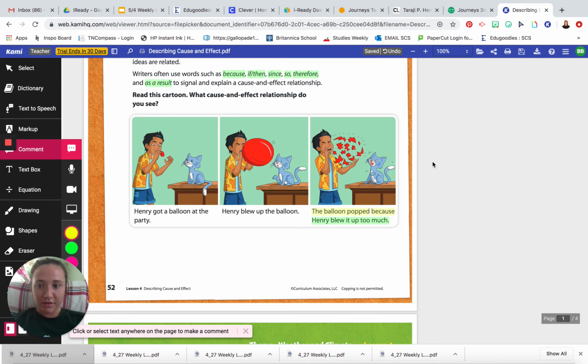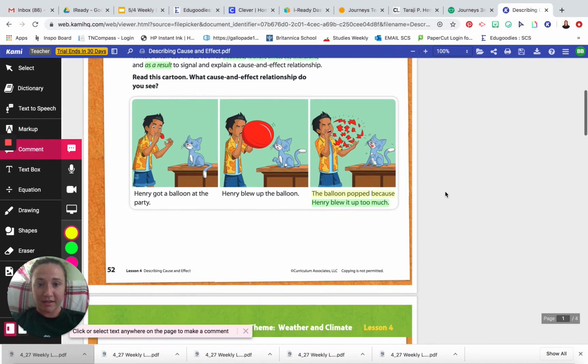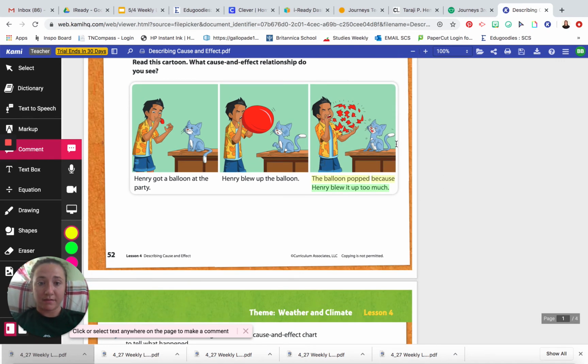What do you notice other people do or animals do when they hear a loud, surprising noise? Maybe the cat jumped off the table because he was scared. The cat was scared because the balloon popped.